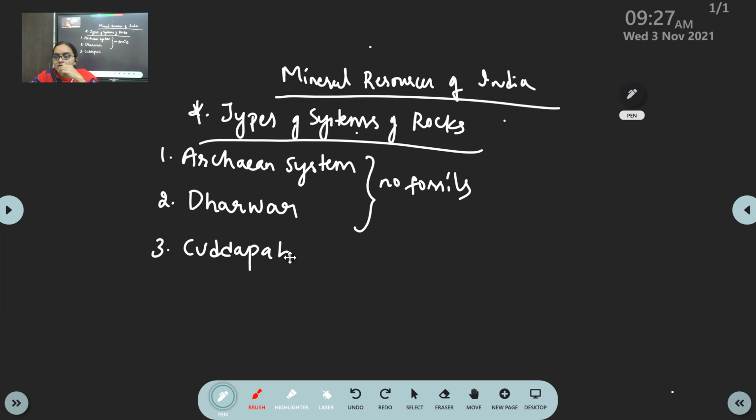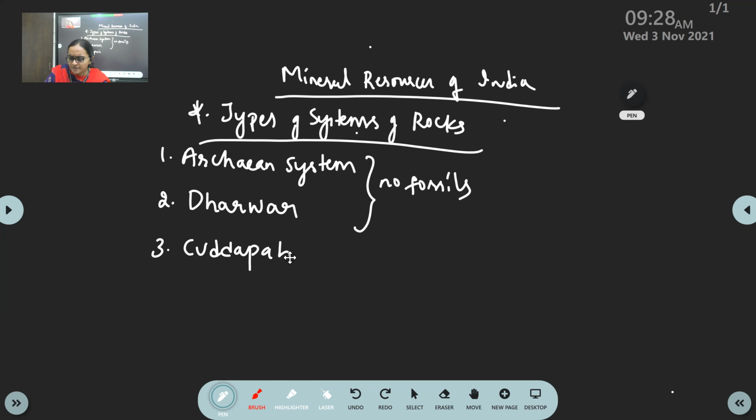These are famous for sandstone, limestone, marble. Must be named after the Kadapa region.